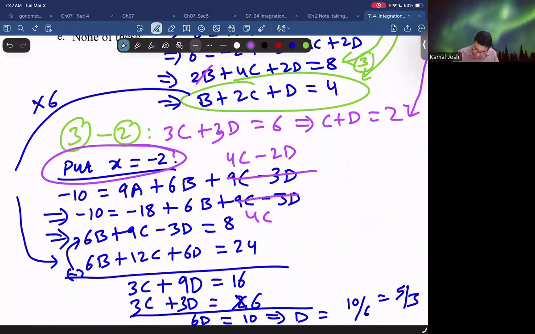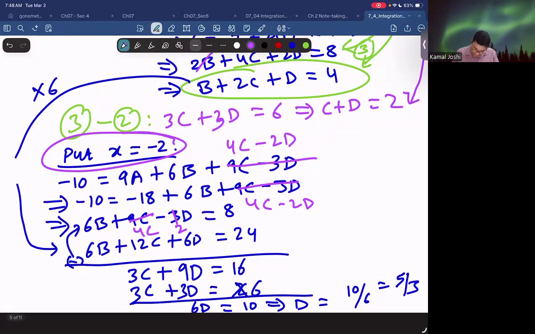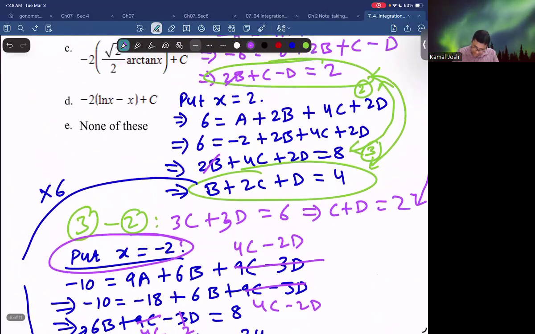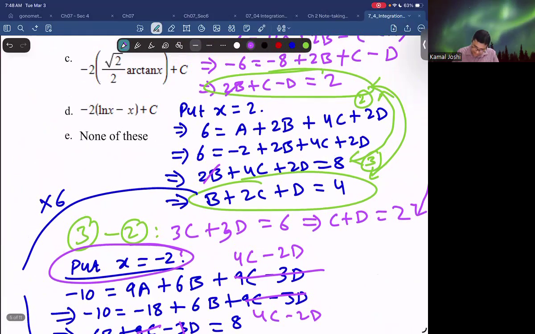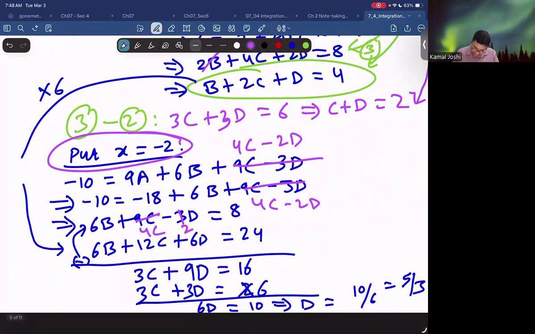It will be 4c minus 2d, 4c minus 2d, and the 6b part doesn't change, right? Yeah. So when I subtract now, I get 8c.